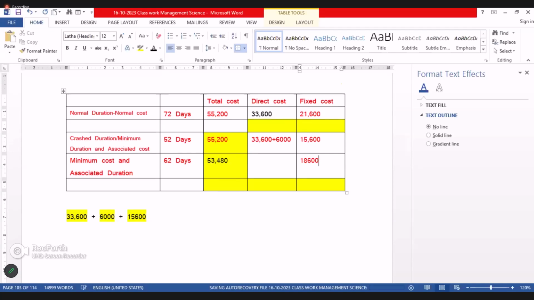Then the balance is how much? 53,180 minus 18,600, that's 34,580.